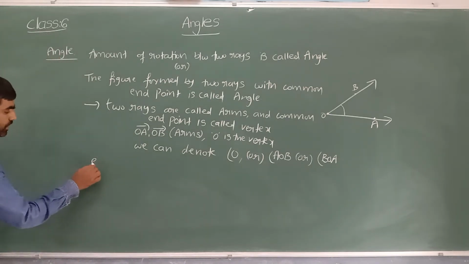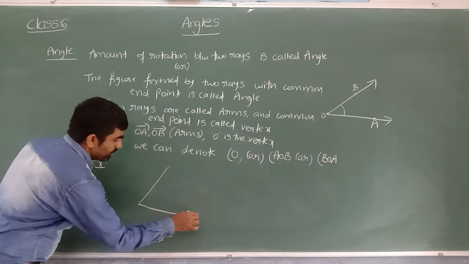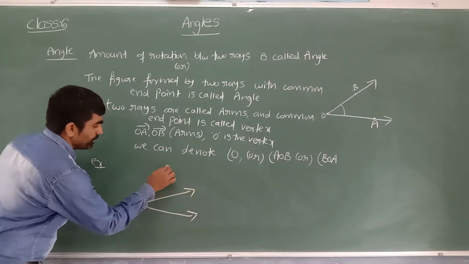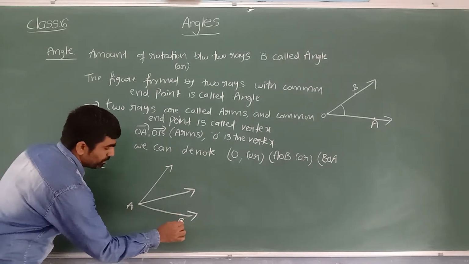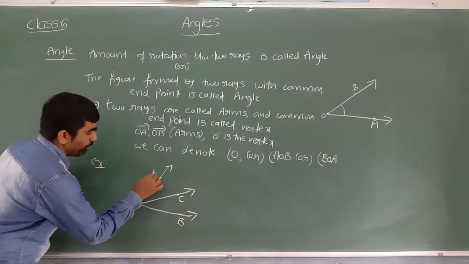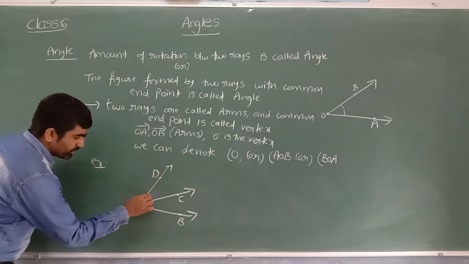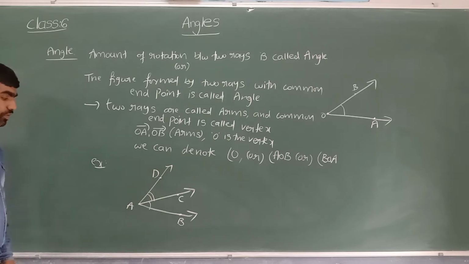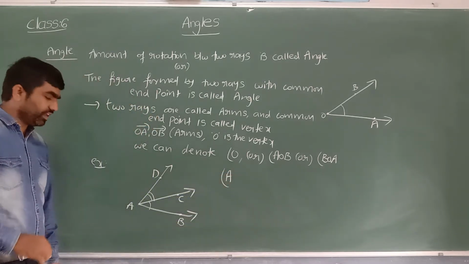Let me take one example here. I am taking some angles here. Let me take vertex A, point B, point C, point D. Here you can see some angle, and here also you can see some angle. Now, if I write simply angle A, what is the meaning of this angle A?